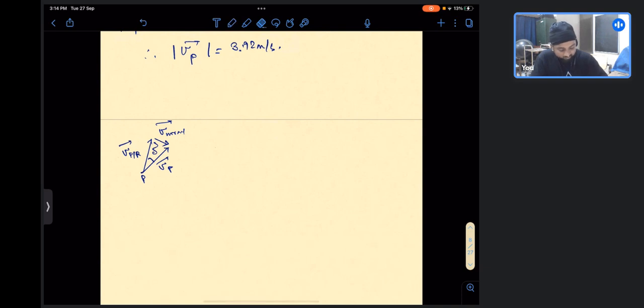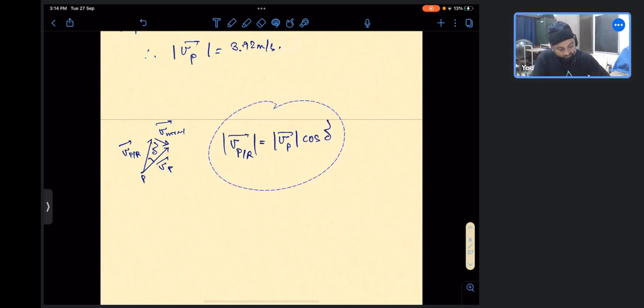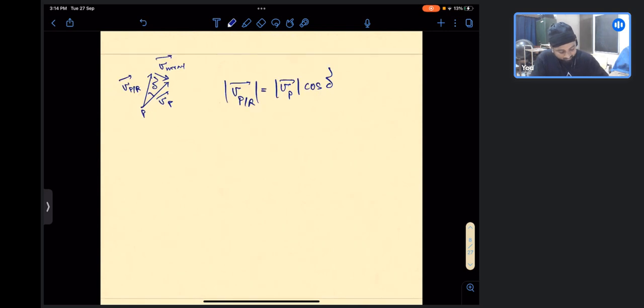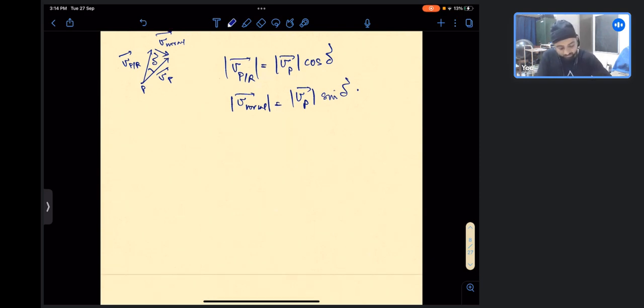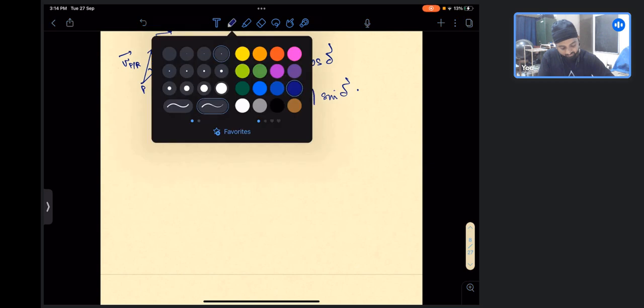We can see that the magnitude of Vp with respect to R is Vp magnitude cos delta, and V normal is Vp sin delta. Now it begs the question, what is delta? Let us complete the triangle here. I'll use some other color.